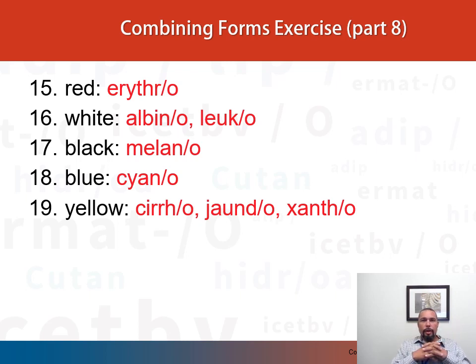So let's say Tommy decided he wanted to be crazy and swallow a penny, and then he can't breathe, and he starts turning blue in the face. Cyano, see how it kind of goes together. Yellow, jaundice. Jaundice is a condition where your body starts turning yellow in color because it's not able to get rid of certain chemicals that cause your body to be yellow.